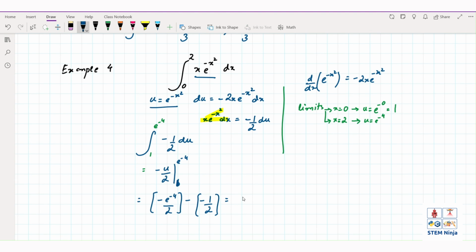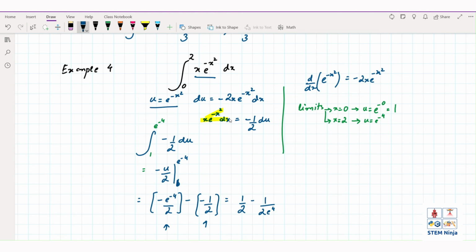This becomes 1 over 2, this becomes positive, this becomes negative, so minus 1 over 2 e raised to power 4. That would be the exact value of this.